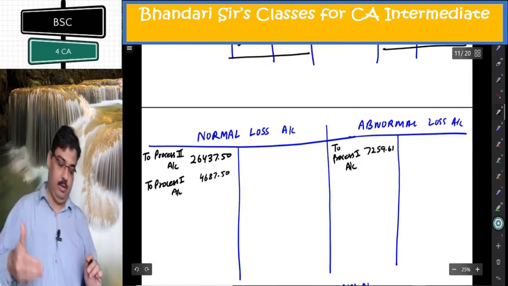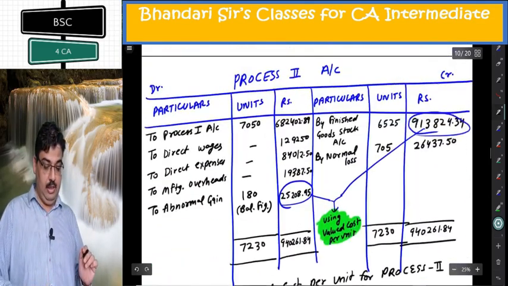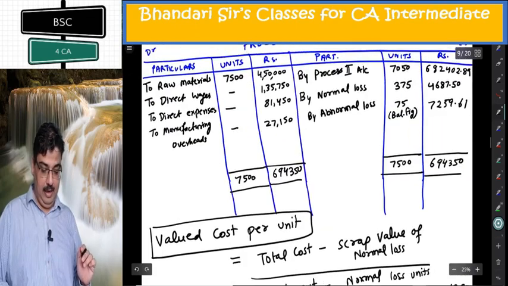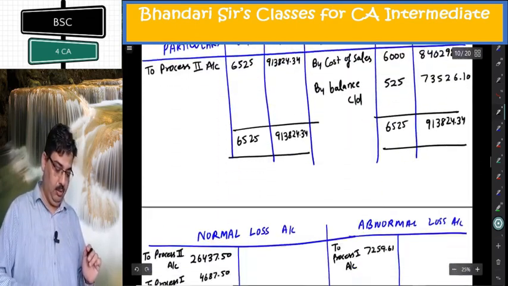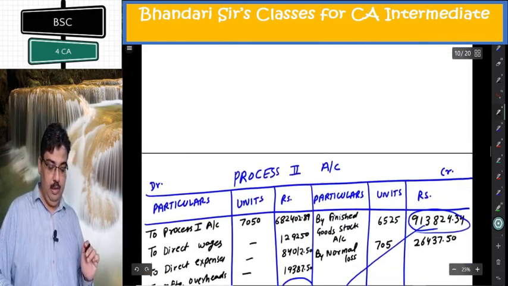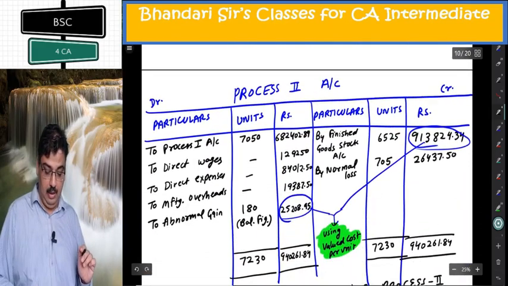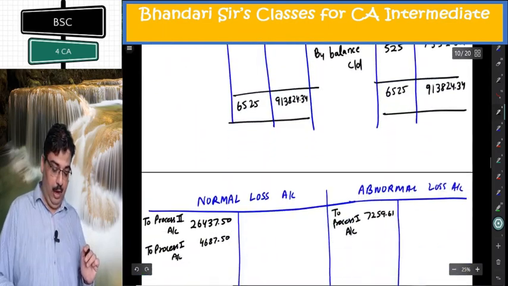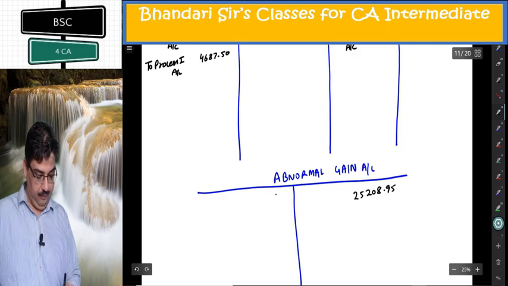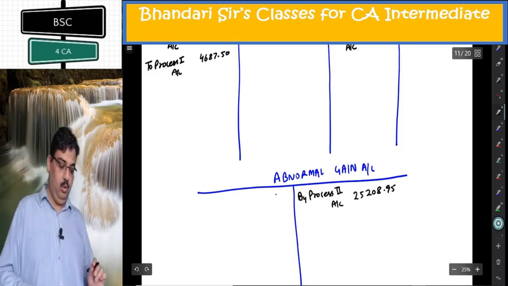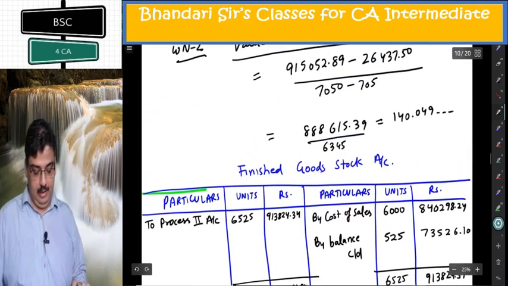So write carefully process 1 and 2. In process 1, what did I get? Abnormal loss 7259.61. I have put already. In process 2, I got abnormal gain 25208.95 by process 2 account.